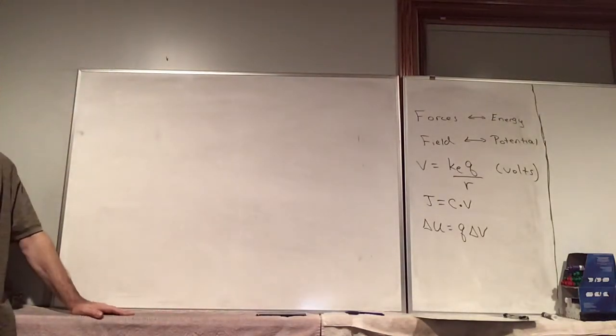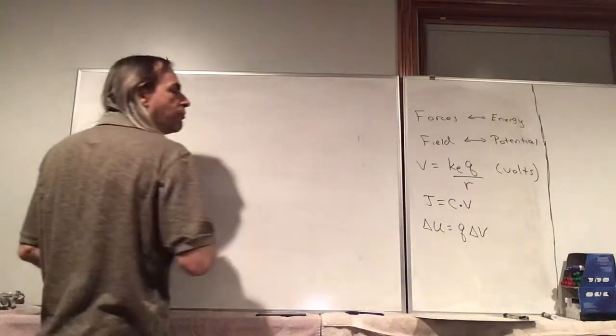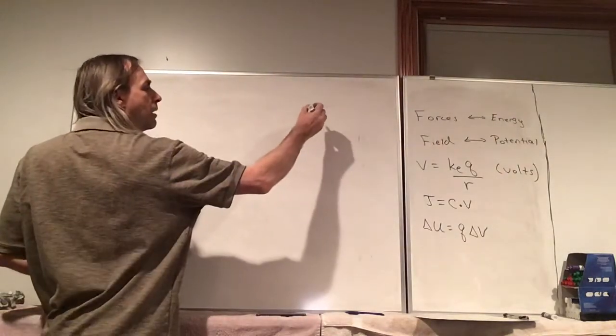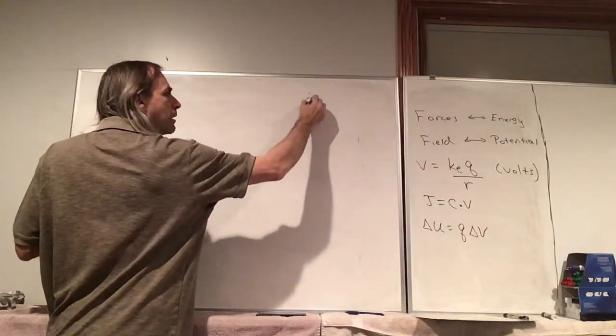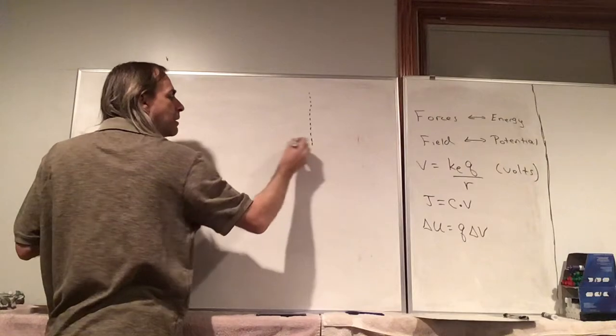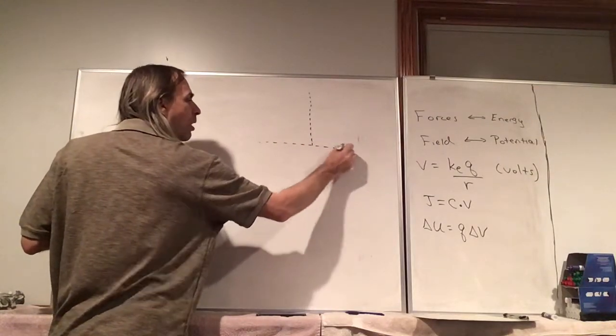Let's say we have a disk with a uniform charge distribution. Say this is our z-axis. The hardest part is going to be actually drawing this.